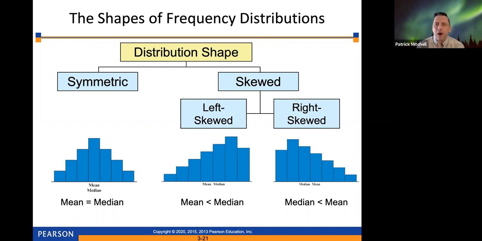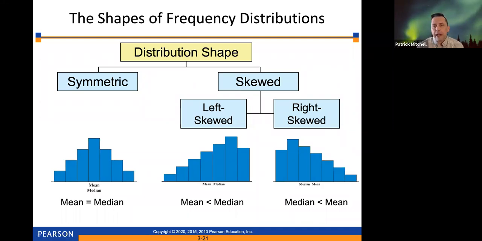Now, I've always thought it's really counterintuitive which one is called left skewed and which one is called right skewed. So I picked up a great way to remember this from one of my students over the summer. If you think of these things as being like your toes, this looks more like the toes on your left foot, that's left skewed. This looks more like the toes on your right foot, that's right skewed. Makes it really easy to remember.